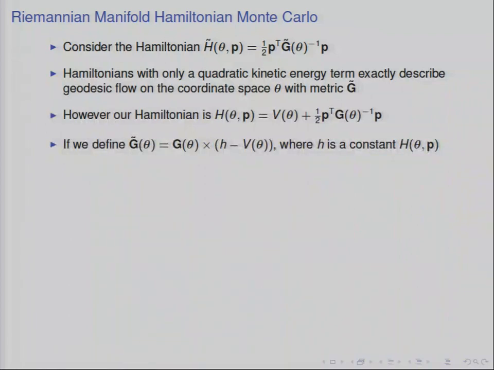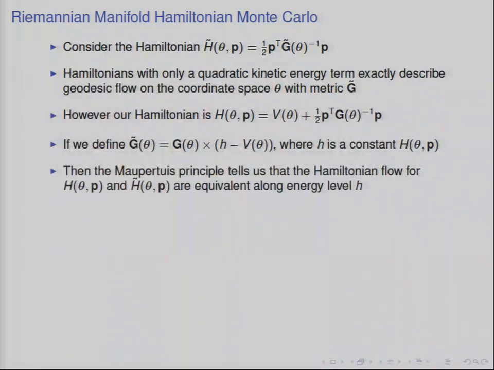And it tells us that if we define the metric tensor G tilde by the metric tensor coming from the model which defines the potential, in other words our probabilistic model, and we scale it by H, where H is the current total energy of the system minus the potential. So H is going to be constant, V is going to vary. All we're doing is scaling the metric tensor of our model to obtain G tilde.